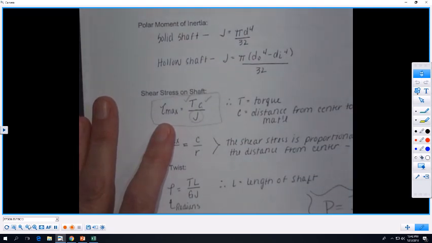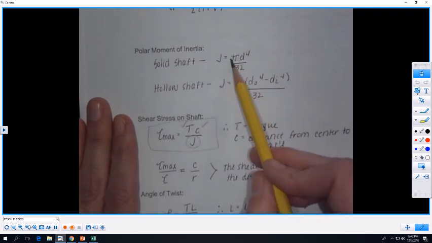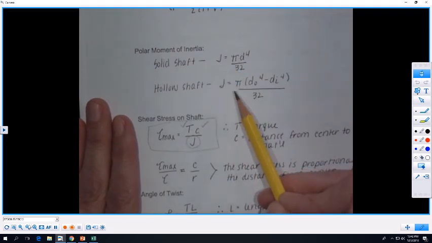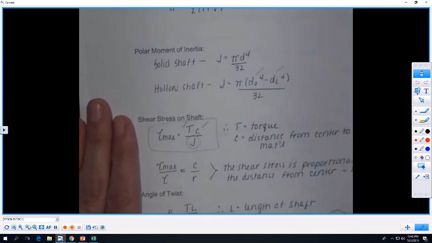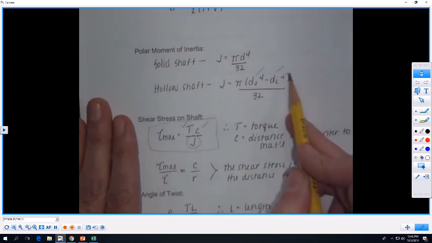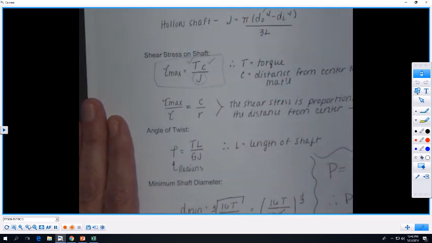Polar moment of inertia is a cross-sectional area's ability to resist twisting, okay? So polar moment of inertia equations are up here, for a solid shaft and a hollow shaft. Hollow shaft is what we're going to be looking at. So OD, ID. We need to put in a cell so that we calculate our J, and then we're going to reference it in that equation.